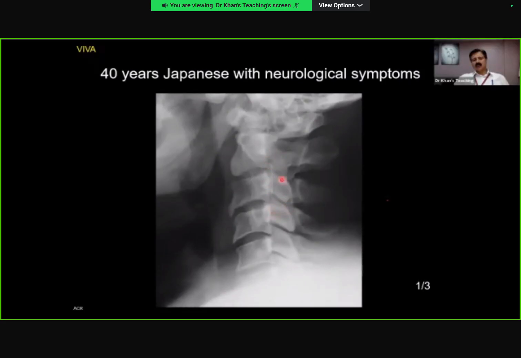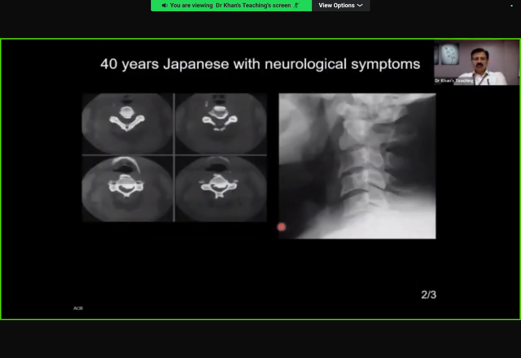Nobody will pick this up. This is the posterior element, so this must be sitting within the spinal canal. And if you see the CT scan, it is horrendous. On a CT scan, you can see that there is ossification of posterior longitudinal ligament, and you can well imagine how symptomatic this patient will be.